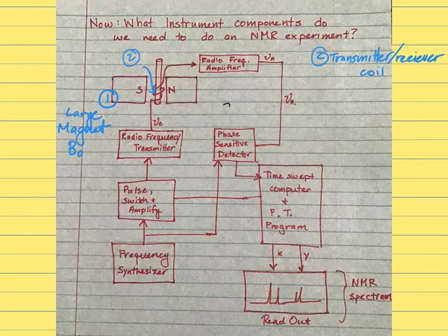And of course, I hope my drawing isn't that horrible that you can't recognize that this would be that NMR tube that we're used to seeing, that glass tube. So this coil would go around that region. And there's much more to this that I don't have drawn, but you know that tube is spinning at a really high rate. And that spinning is done to ensure that the entire sample feels a consistent external magnetic field.